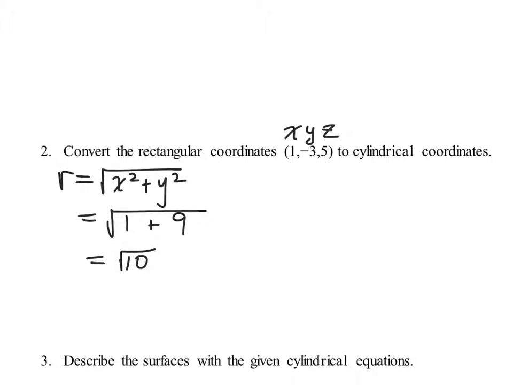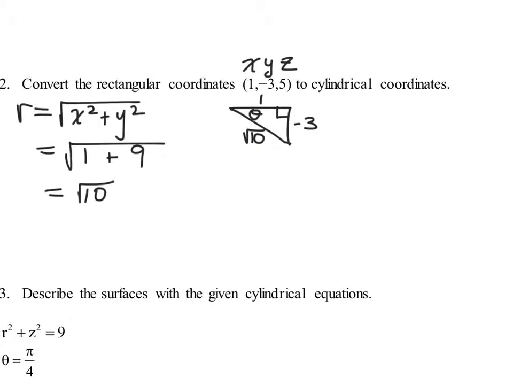If I were to just draw a quick sketch of this, the x value of 1, the y value of negative 3, we have the hypotenuse of root 10, we just figured that out. You don't necessarily need a diagram, but for me personally, I like the diagrams because it lets me off the hook when it comes to memorizing formulas.